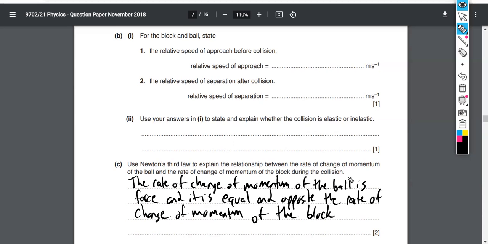Then we've kind of used the language of the question again. So the rate of change of momentum of the ball and the rate of change of momentum of the block are their forces. And Newton's third law says forces exist in pairs, equal in magnitude, opposite in direction. That's another good way to word it. I just said right now.